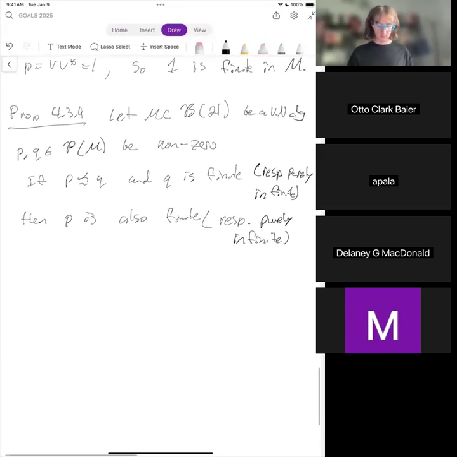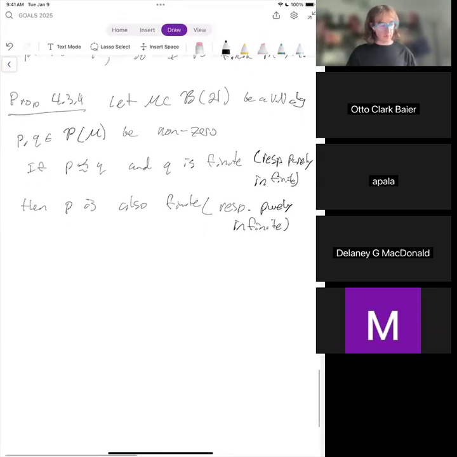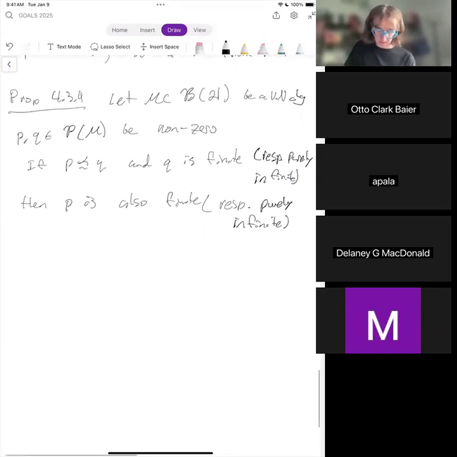Okay, another property that we want is a different way to characterize being semi-finite.